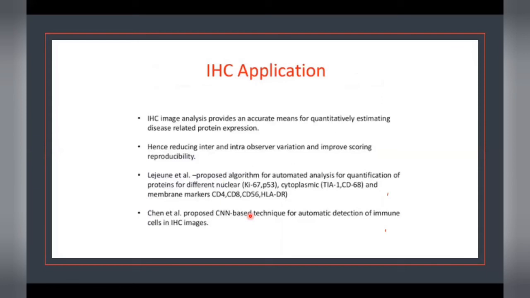There are multiple case scenarios you have also observed. So these machine algorithms can actually quantify Ki67, P53, cytoplasmic CD68, membrane markers, and HER2/neu, ER/PR, you name them, PDL1. All these things can be quantified with a high accuracy and give you the score, which will help in decision making.